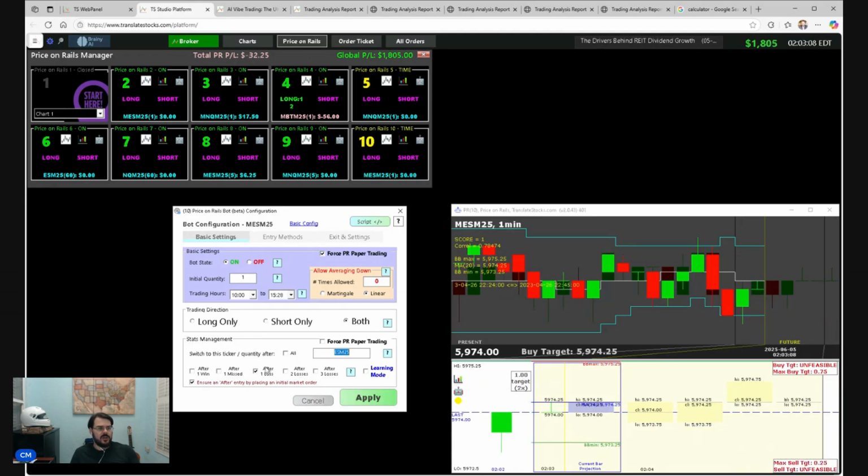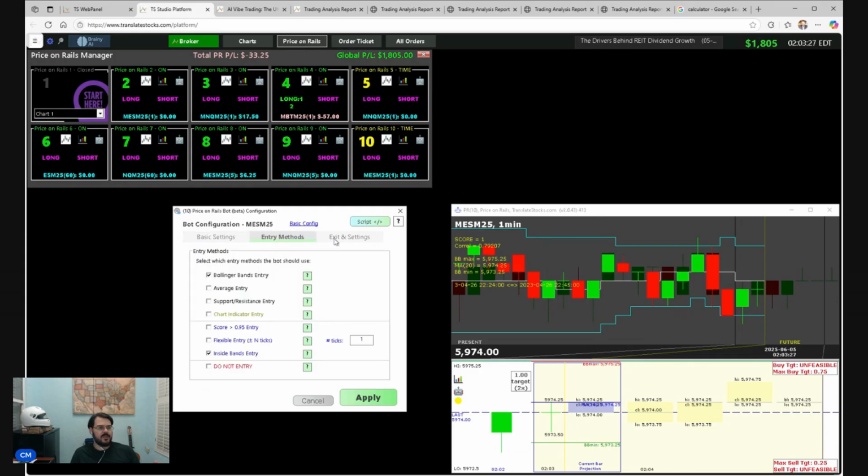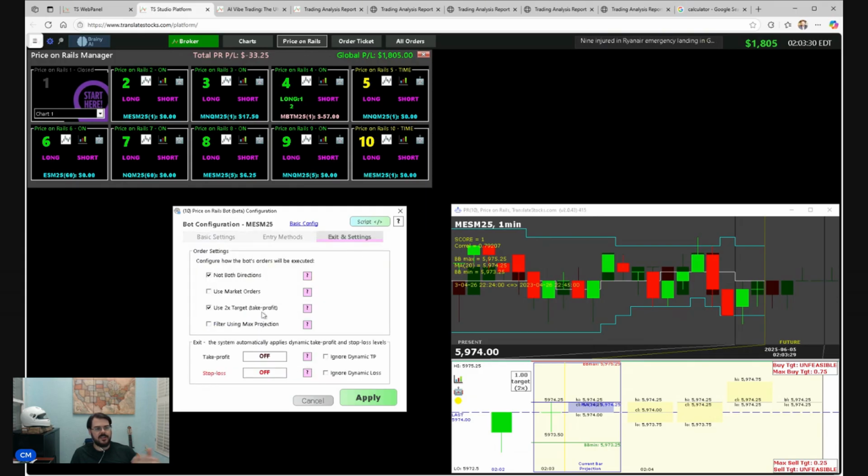And after one loss on this trade, it will send the mini contract to the broker. I'm connected to TradeStation here, so I will send the order to TradeStation with the ESM25 as my contract. And if I go to the entry methods and exit and settings, this is the default configuration.